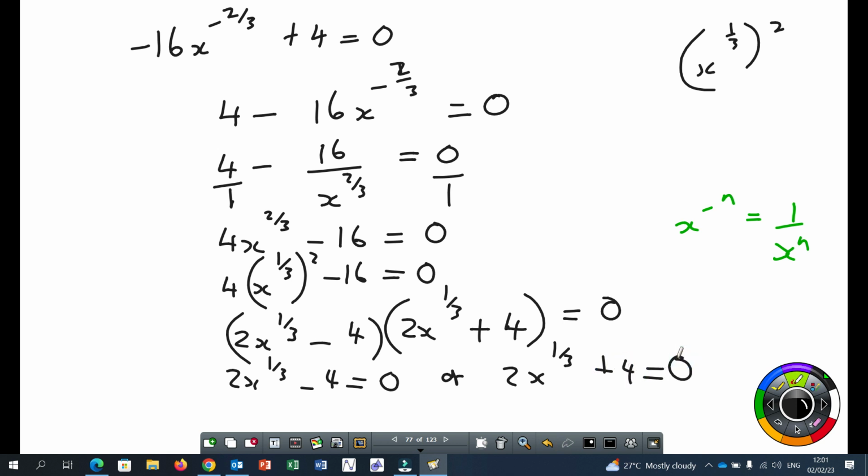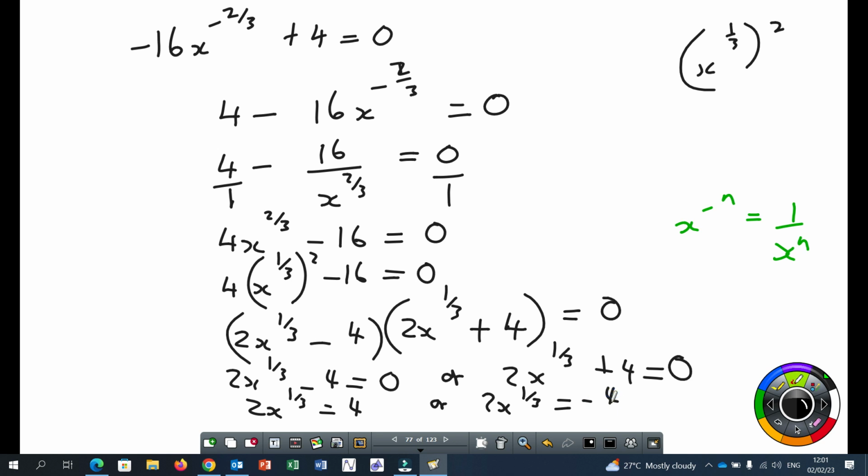Also, I could have used the K method, by the way. That probably might have been simpler. But from here, you get 2x to the power of a third equal to 4, or 2x to the power of a third equal to minus 4.